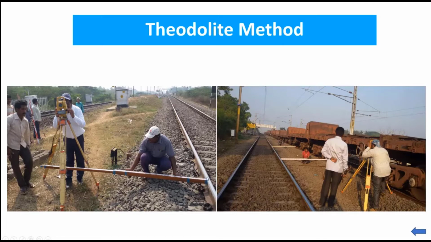Since it is difficult to set up the theodolite on the center line of the track because of the train movement, we have to do this from the side by taking a parallel alignment. By this theodolite we carry out the survey in the present method.